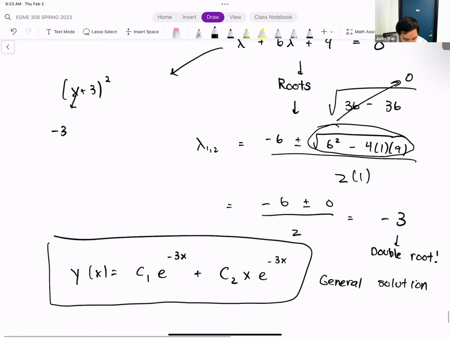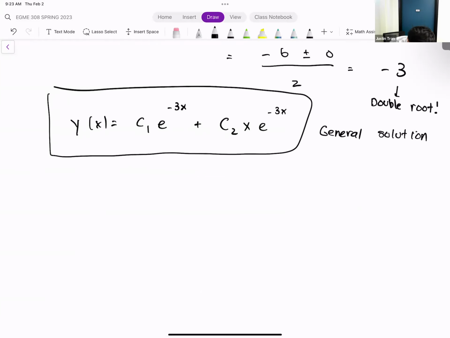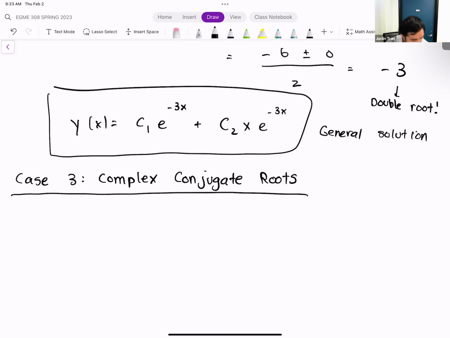Okay. All right. So let's go ahead and move on to case 3. Case 3, I think, being the most interesting. And so case 3 is when we have complex conjugate roots. All right, so complex conjugate roots are, let me go ahead and write the quadratic equation again.